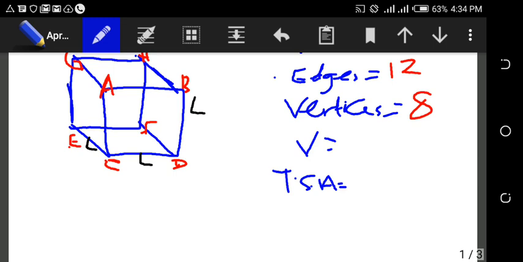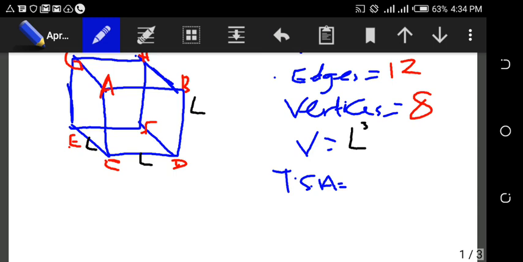So using our volume formula, the length times the breadth times the height, we'll multiply the length times the breadth, which is still length, times the height, which is still length. What do we have? That will give us L raised to the power 3. So we have the formula derived that the volume of a cube is given by L cube.